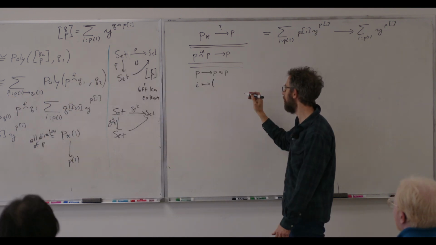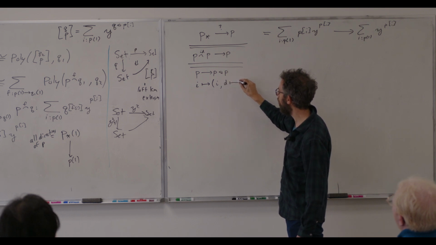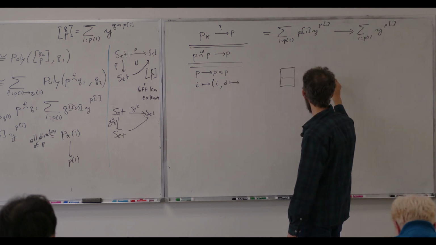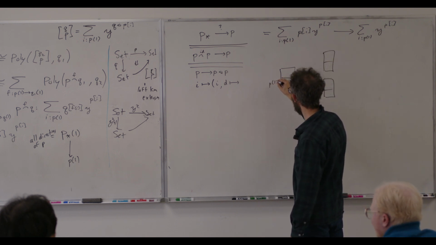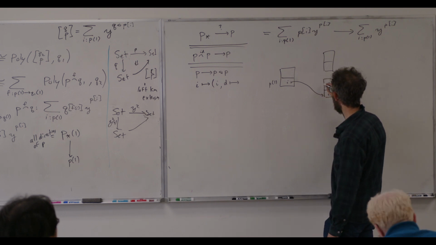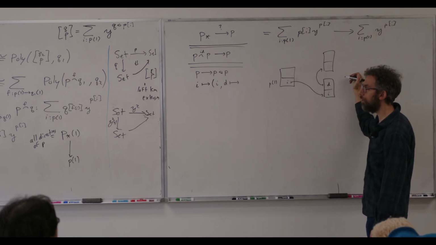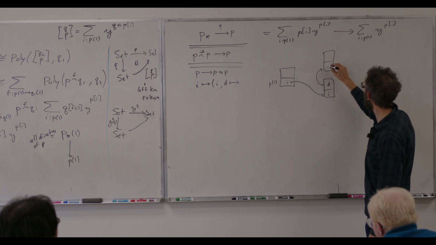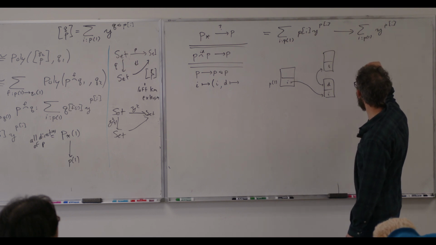I'll draw it with polyboxes. We have P. We take our I and send it to I. Given a direction, I need a position, I. That's because this I went there.